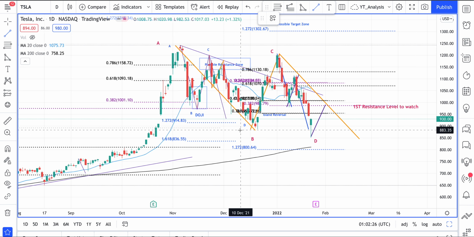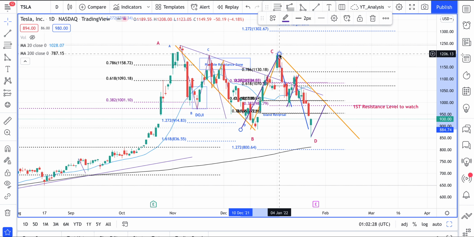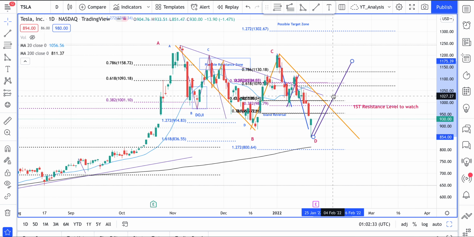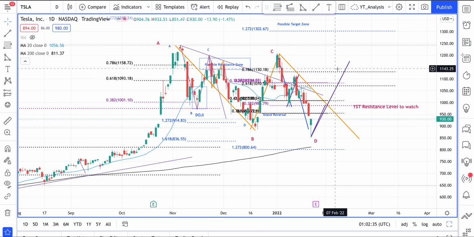Now the second thing is, in this rally, this is the PC leg. The PC leg will actually take us above the 78.6% retracement level.